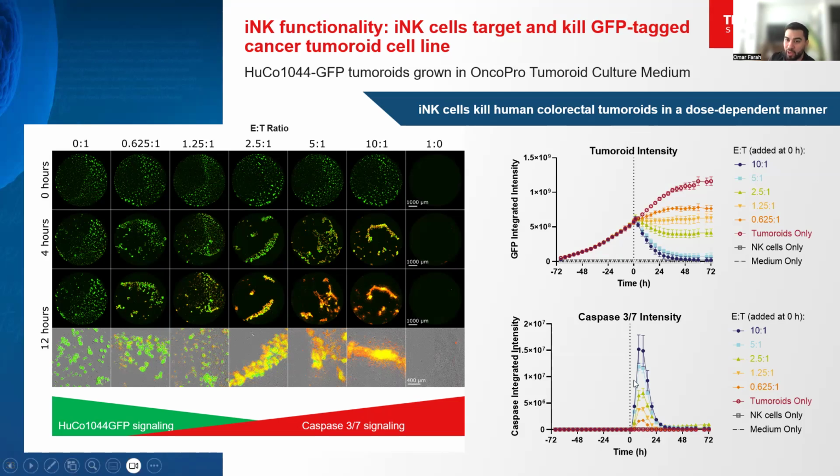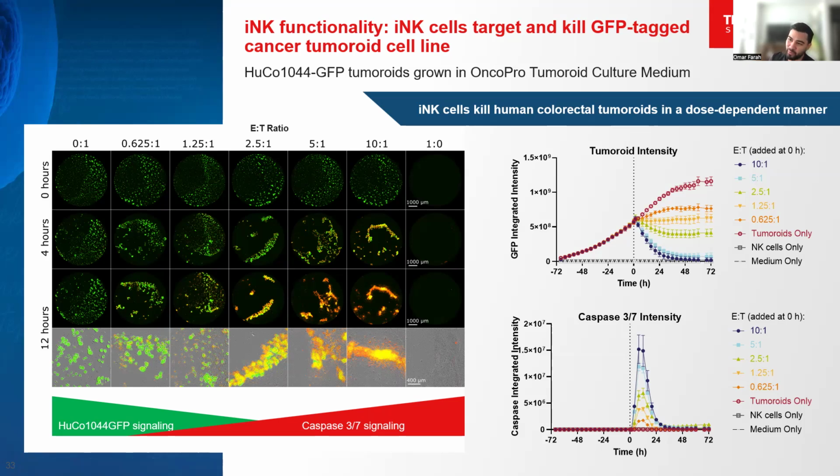And we can confirm that we also see an increase in caspase 3/7 activity, which is a marker of the apoptotic pathway. Again, confirming that these cells are being killed by these NK cells that we're adding in culture, which is really, really cool, right?